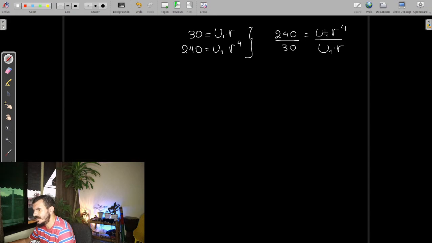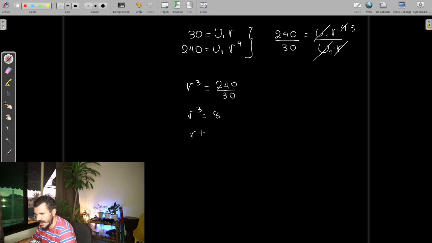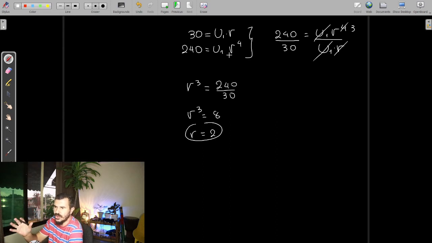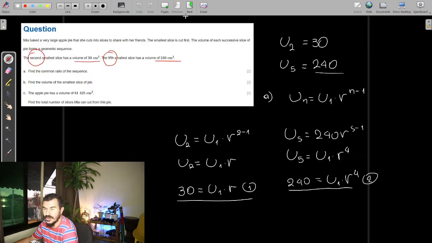You see now U1 is simplified with the U1, and r is simplified with r, and it becomes r to the power of 3. So r to the power of 3 is 240 over 30, which means r cubed is 8, which means that r is 2. So this is a common solution for this kind of problems when I have geometric sequences.